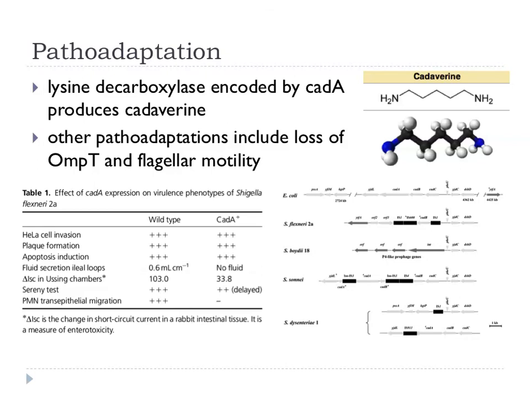The fact that this has happened in all of these different lineages, and the fact that if you put cadaverine back into Shigella you see changes in virulence, suggests that this is adaptation to virulence. It's a loss of a gene which, if that gene was switched on, would actually hinder survival in that virulence niche.